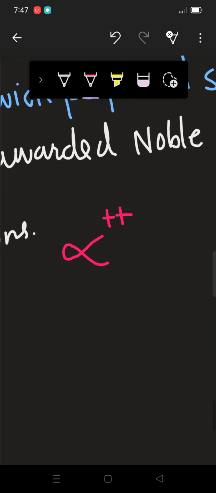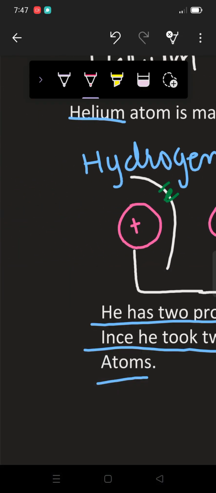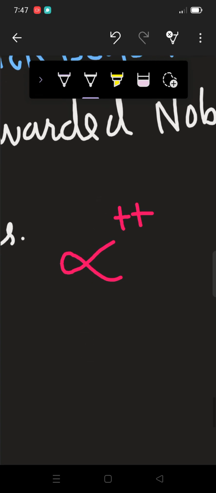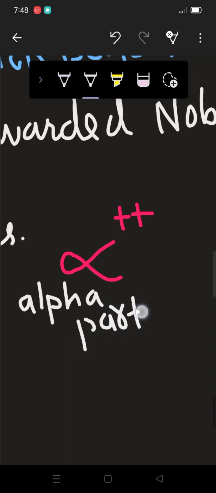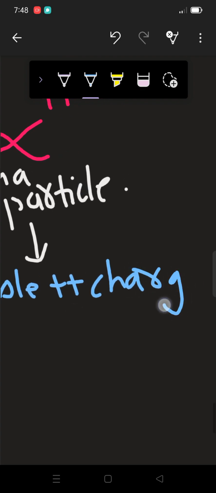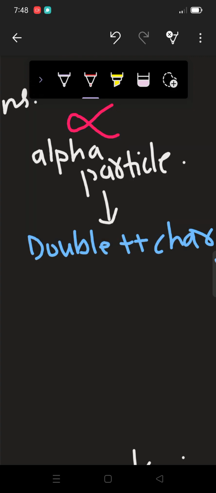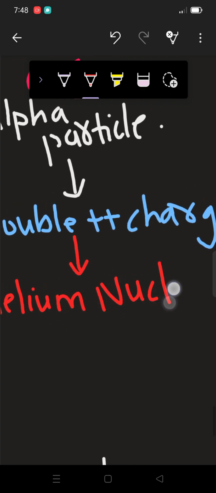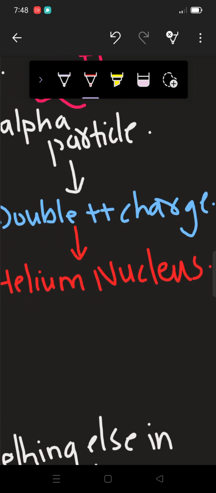And we know that alpha particle has double positive charge. Here I'm telling what things he took, then I'm gonna explain the equation as well. Alpha particle has double positive charge, and this is also known as helium nucleus, because we know that in helium nucleus we have 2 proton and 2 neutron.